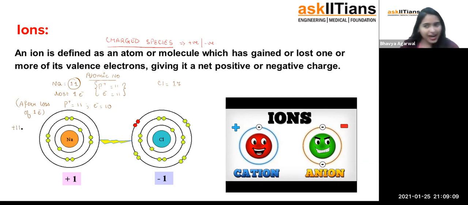And since electrons are negatively charged species, I can write this 10 as minus. So plus 11 minus 10 will give you plus 1, which you can see here. It is this plus 1 which is the charge. As a result, I can say that sodium has acquired a positive charge. And if sodium has acquired a positive charge, I'll now call sodium an ion.